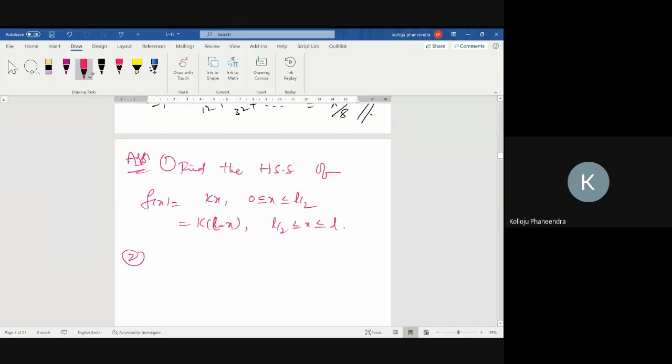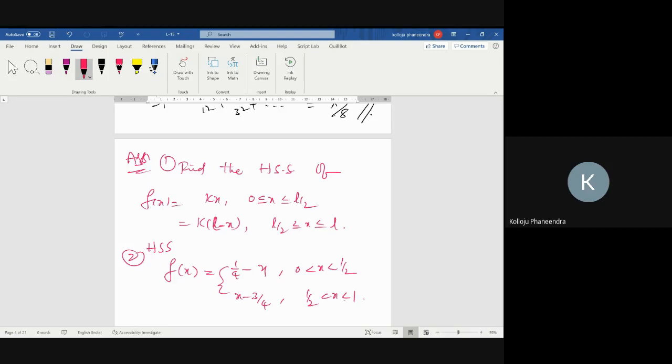Another second one: half range sine series of f of x equal to 1 by 4 minus x between 0 less than x less than 1 by 2, and x minus 3 by 4, 1 by 2 less than x less than 1.